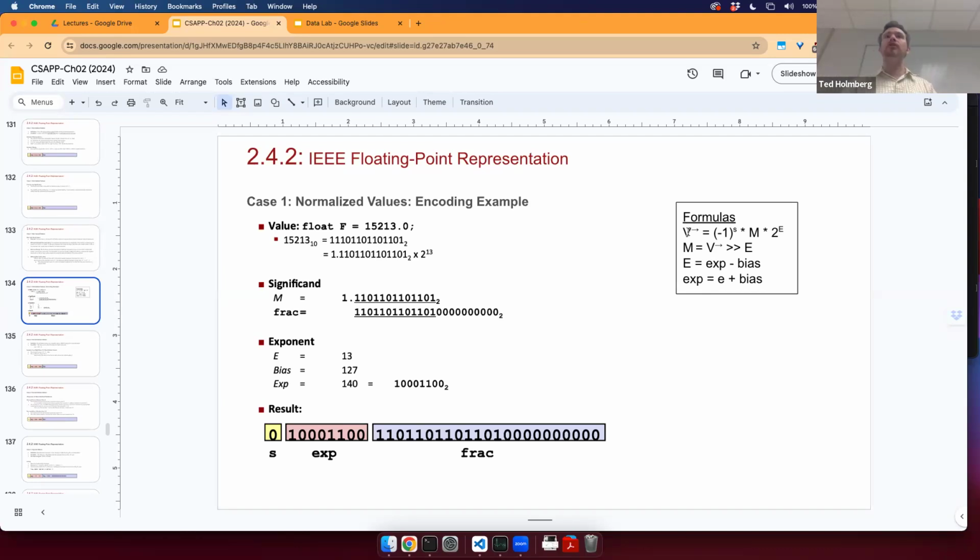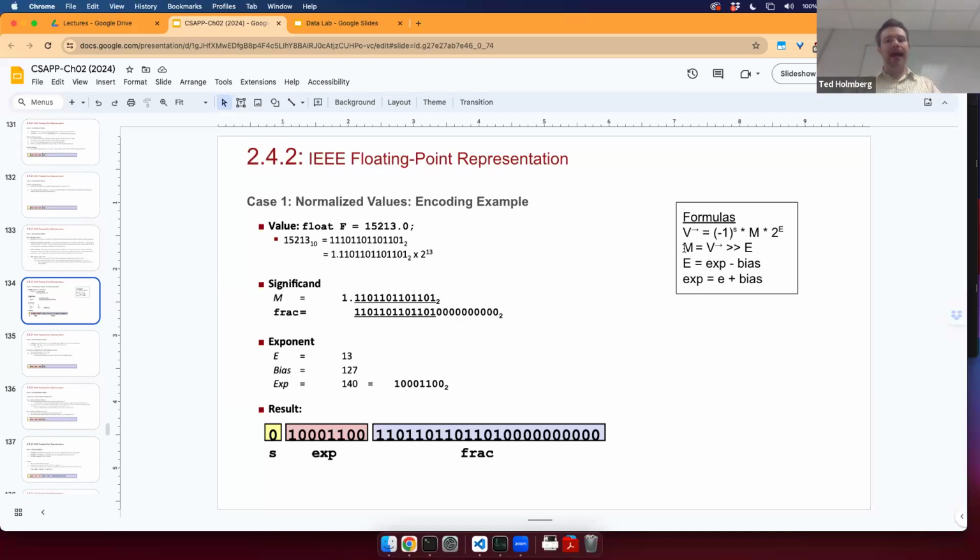Our bit vector that represents our fractional value can be defined as -1 to the power of s, where s is our sign bit, times m, which is going to be our fractional value here, times 2 to the power of e, which is going to be the exponent field here, right? So looking at this, I can know what part of my binary sequence goes to each attribute in this formula.